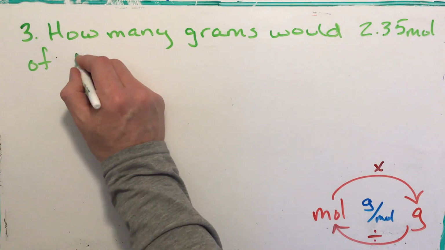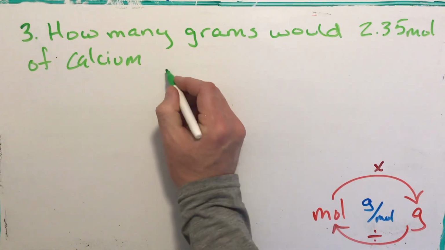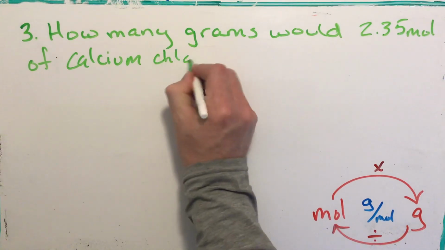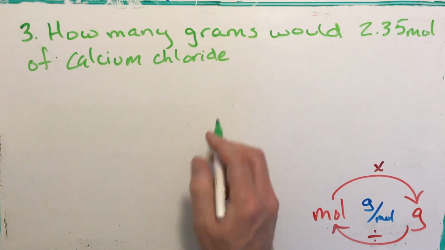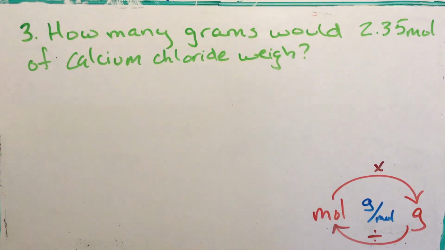We'll go with calcium chloride. All right, so how many grams would 2.35 moles of calcium chloride weigh? So if I put 2.35 moles of calcium chloride on a scale, what would that reading be in grams?